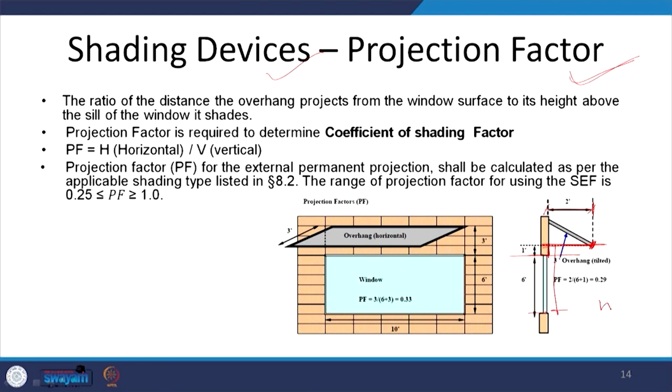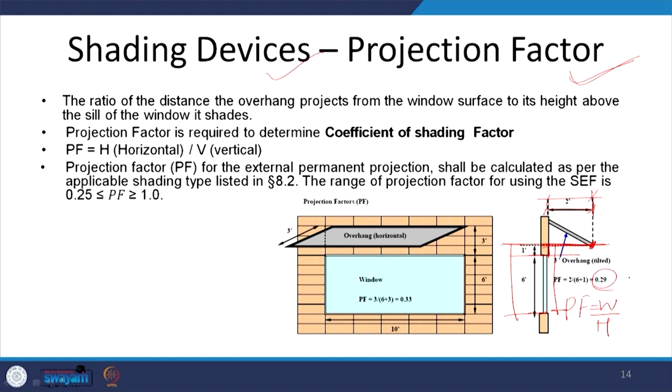So, this is W by H, where W is the width of the projection and H is the height of the window from its sill to the bottommost point of the shading device. So, W by H is the projection factor and we calculate it with this given data.